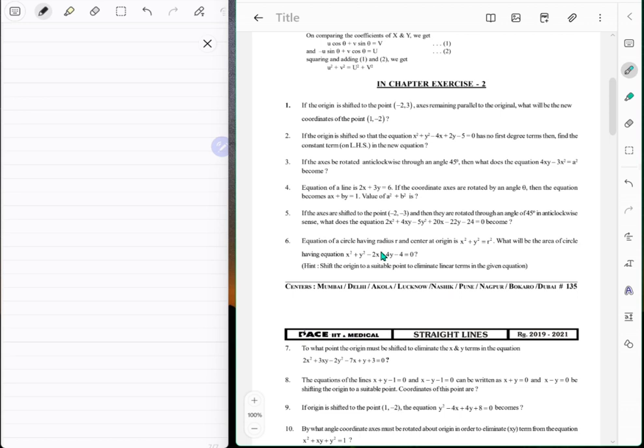Equation of circle having radius r and center at origin is this thing. What will be the area of the circle having equation? Hey, what is this? Oh, okay, fine. Yeah, you don't need that hint. I mean, you already made me do a lot of bad things with this question. What does this hint now do anyway?